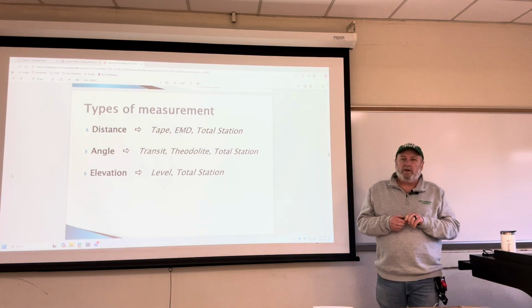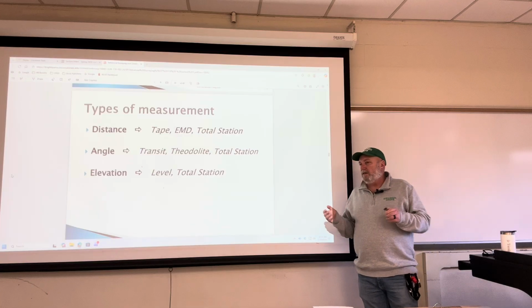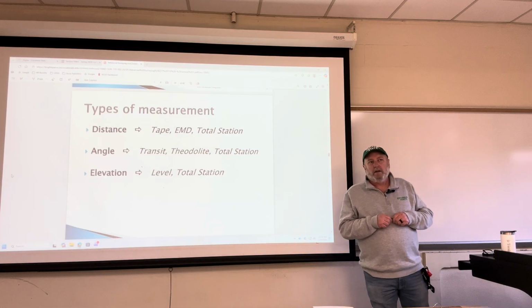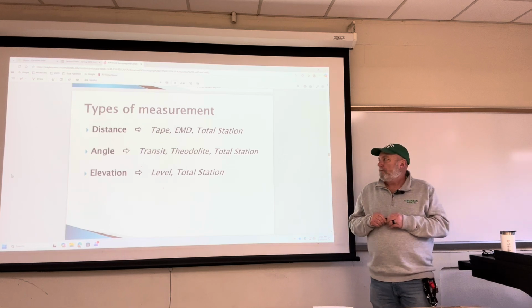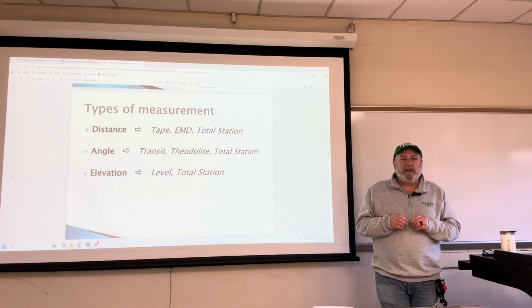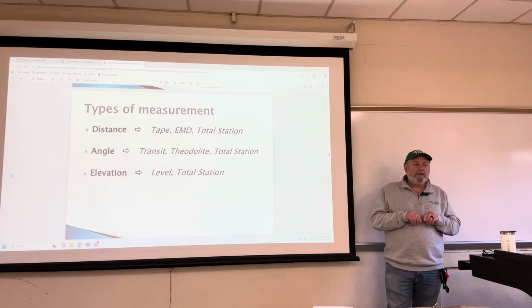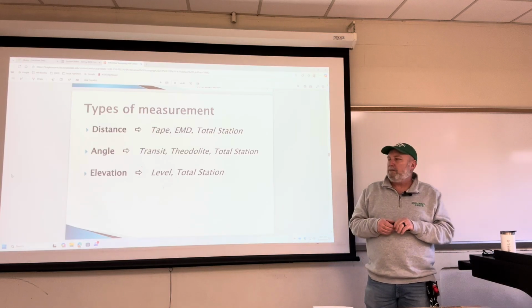Total stations are good. The GNSS receivers are good, but it also depends on the type of work you're doing. There have been times, for example, say laying out sanitary sewer, where they might run that at a bare minimum percentage of slope, how much fall is in the pipe.